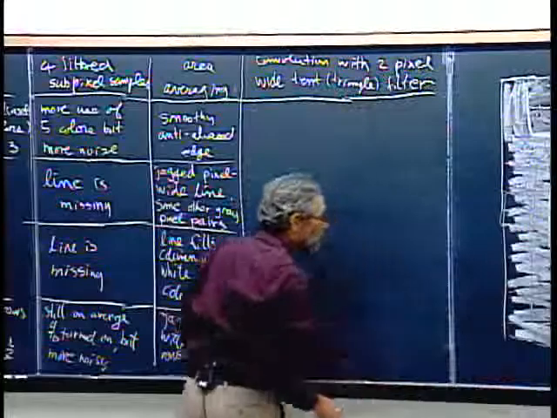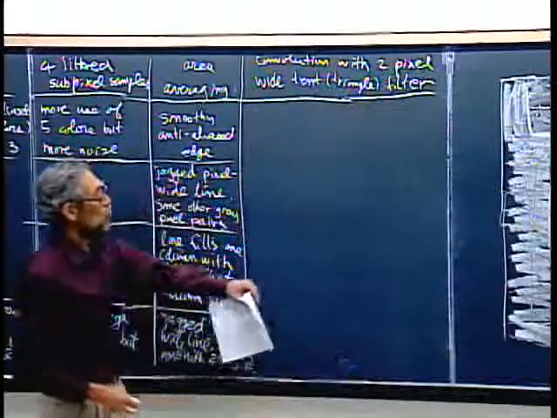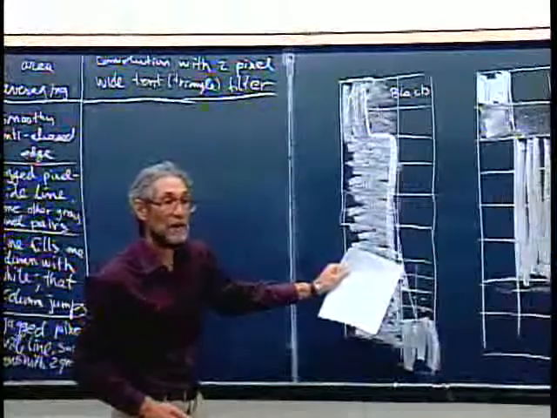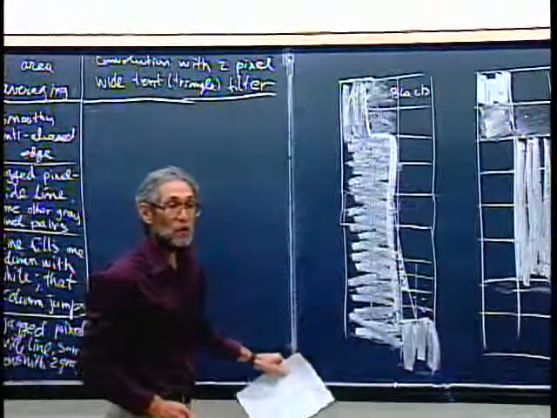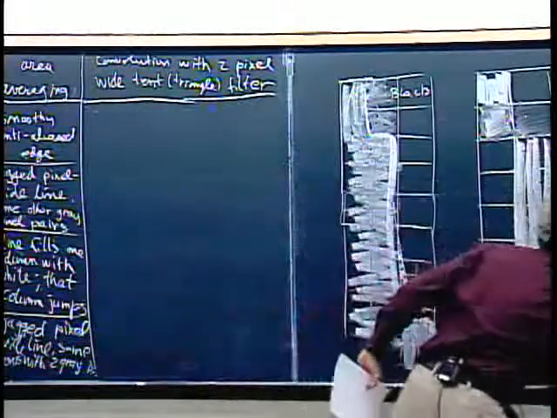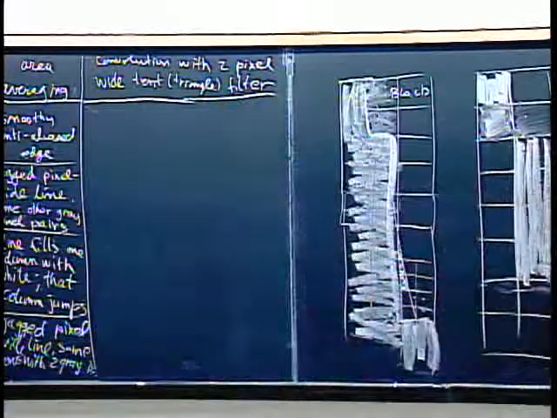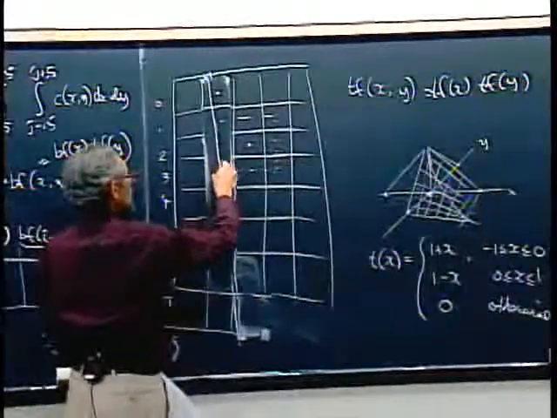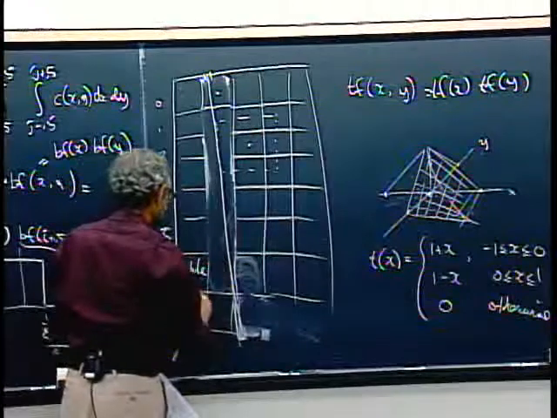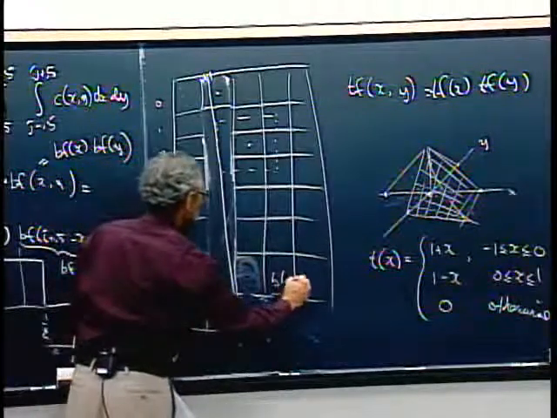So what's that going to do to this edge that was already anti-aliased? When this edge was anti-aliased, if it was almost vertical in most columns, maybe I've got room on this picture now to draw it. So let me draw an edge here between white and black.